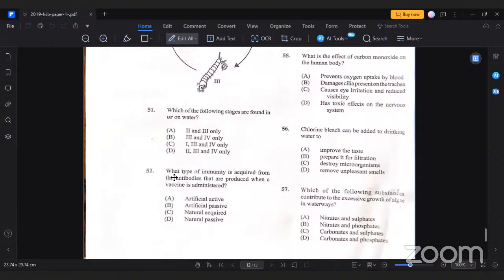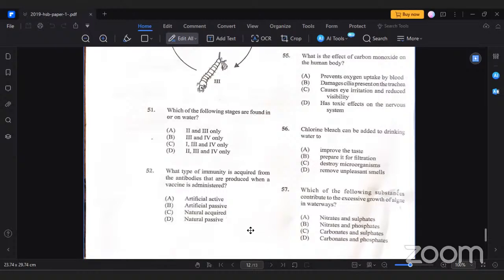D is definitely the answer. Therefore, we move on to 52. What type of immunity is acquired from antibodies that are produced when a vaccine is administered? That is a very important part of the question. Is it A, artificial active?